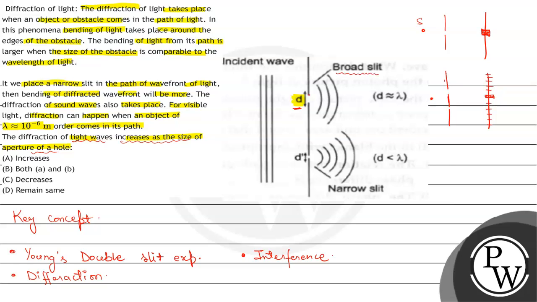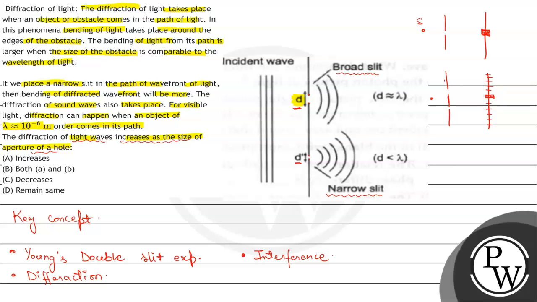So in this case, D is increased, and hence a lower amount of light bends around the edges, and hence diffraction is lesser. While in the second case, we can observe that when the two edges of the slit are closer to each other, we have a narrow slit, and in this case the light has more area to scatter or bend around the edges, and hence diffraction is much more.